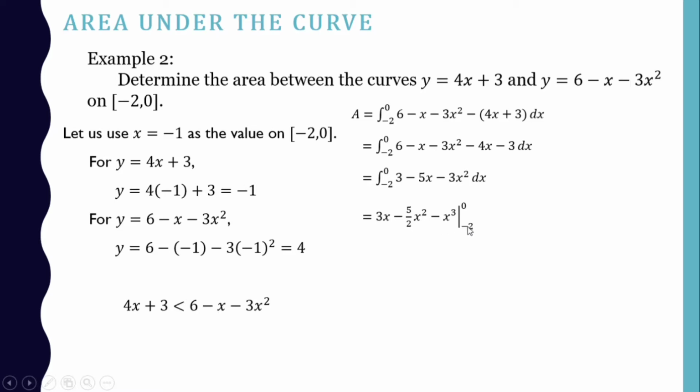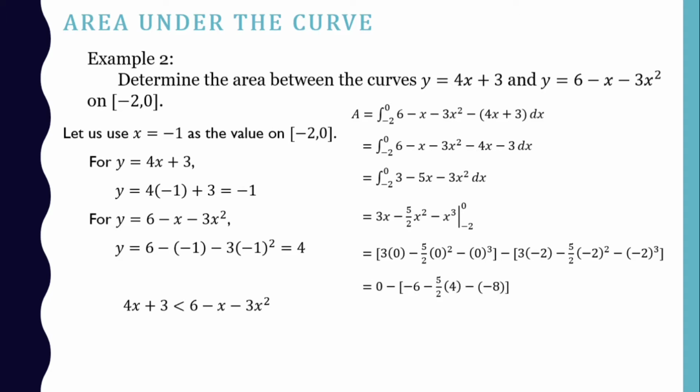So we have to substitute each of the values in our upper and lower limits. Substitute 0 first. That's 3 times 0 minus 5 halves times 0 squared, minus 0 cubed, minus 3 times -2 minus 5 halves times -2 squared minus -2 cubed.